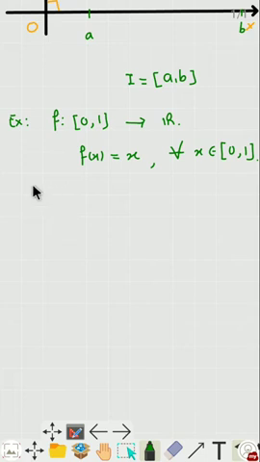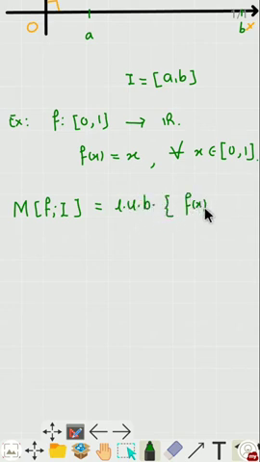Can you write the value of capital M of f; I? This is the least upper bound, the smallest of all upper bounds, of the values of f of x where x belongs to I. What is I?